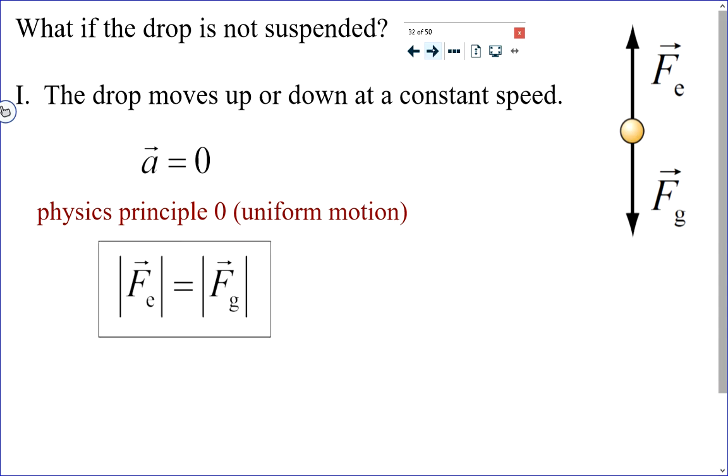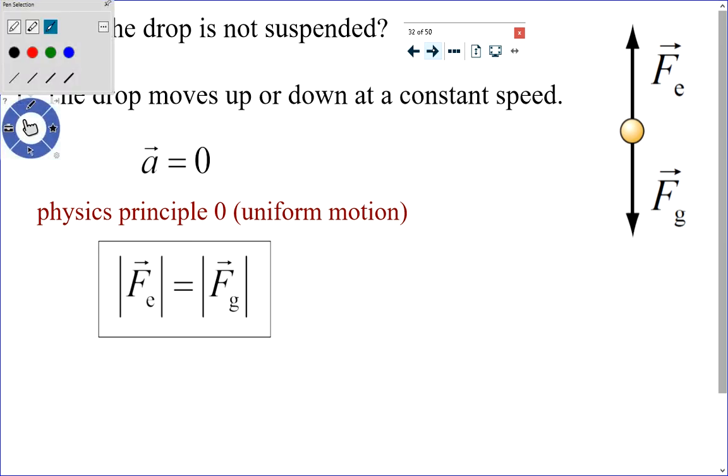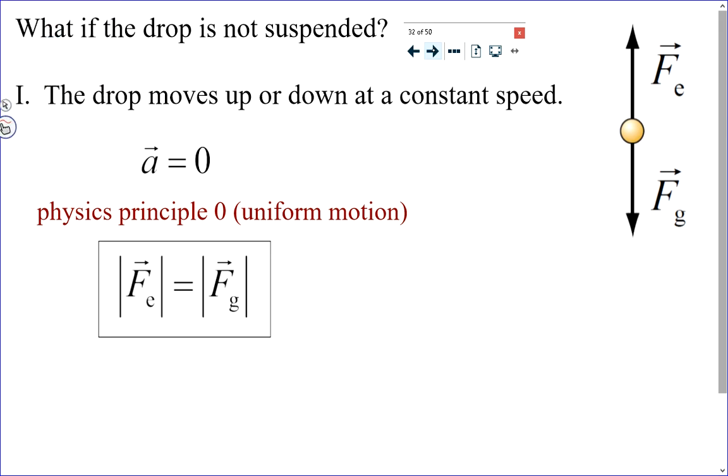The analysis here will be exactly the same as the analysis was in example 1. Specifically, what you can do is say that since the forces are balanced, the magnitudes of the electric force and gravitational force must be equal. And that's your analysis. That's how you do the physics.